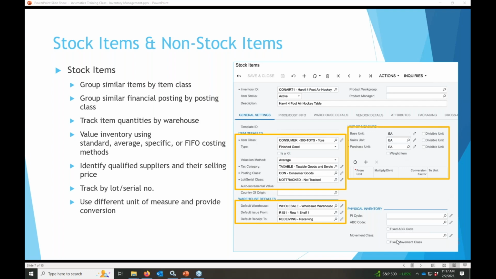Okay. Each of these tabs up here will have other more detailed information where we can put in some extra information and define some extra settings for this item once we've populated that item class.